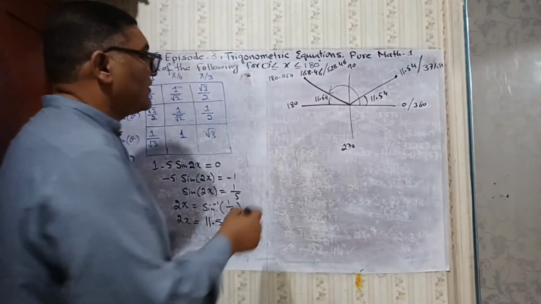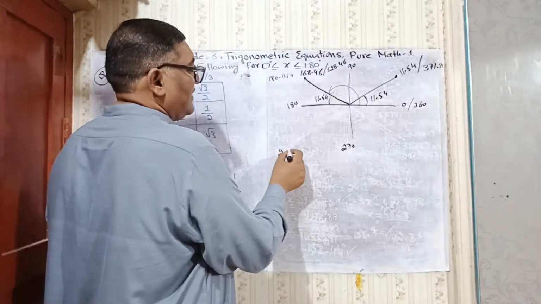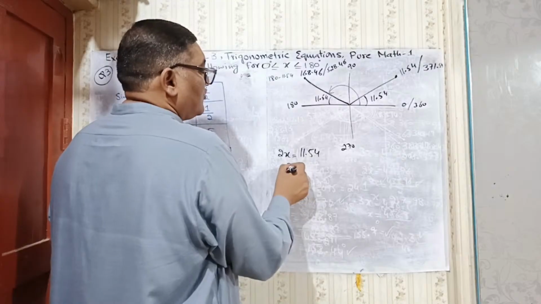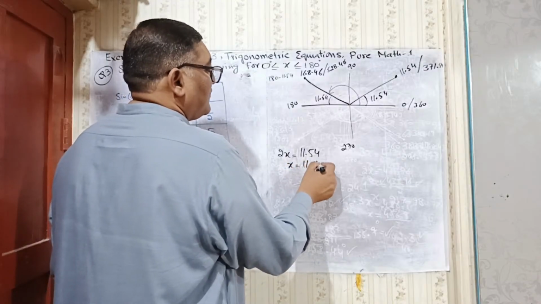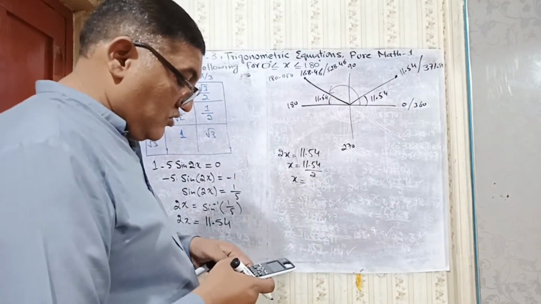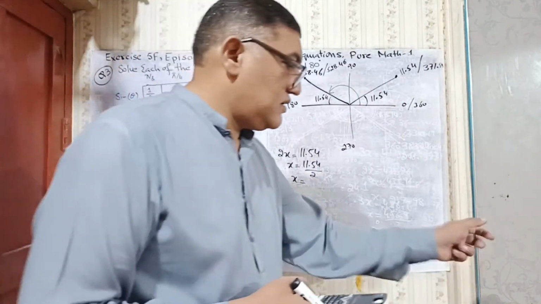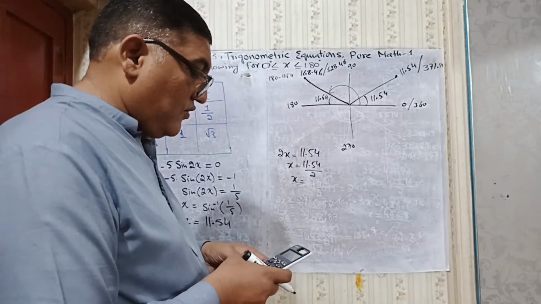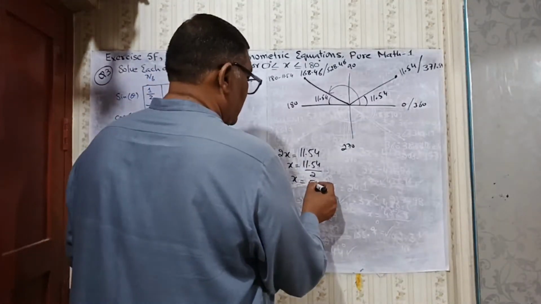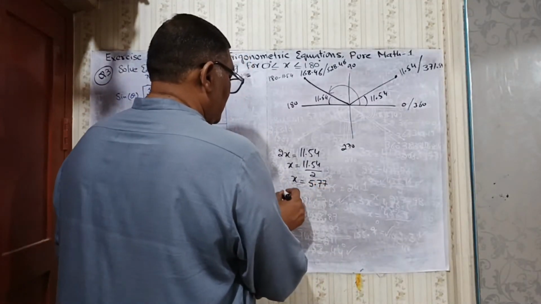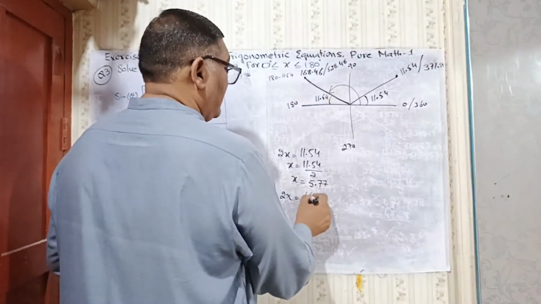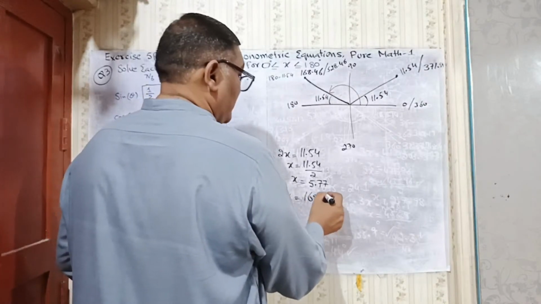This is 2x. So 2x is equal to, first of all, this angle 11.54. So x will be equal to 11.54 divided by 2, that is 5.77. Then 2x will be equal to this angle 168.46.